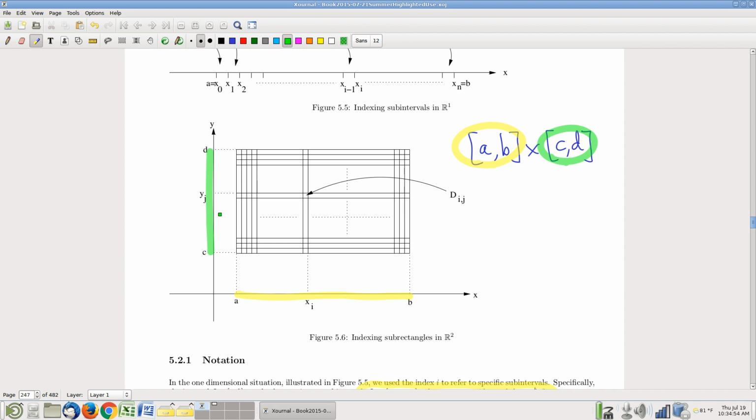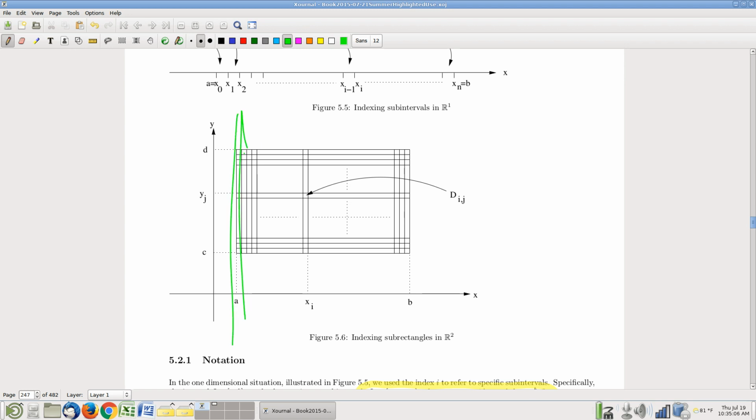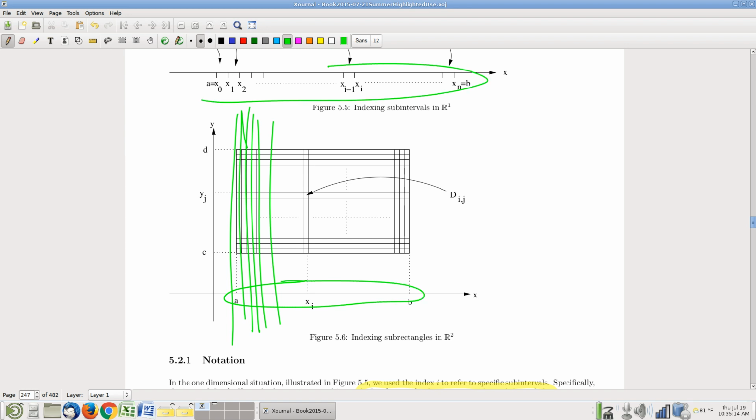So that's what our initial rectangle looks like, and I can chop it up in the usual way. Notice that as you chop the rectangle, you are also chopping up this interval from a to b. We've already given names to the things that you get when you chop up the interval from a to b, so we already have x0, x1, x2, and that's all the same. That's just a rip-off from single variable calculus.